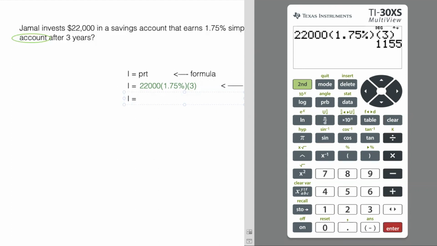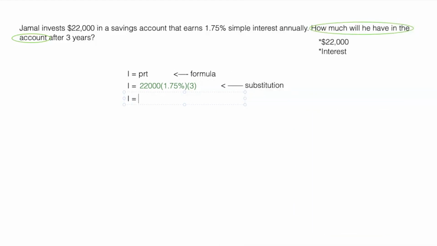Cool. So we just found out that the I, the interest, is equal to 1,155. Yes. Okay, and that's 1,155 what? Because we want a unit in our solution. That's dollars, $1,155. Good. This formula finds the interest in dollars, and that is your solution.